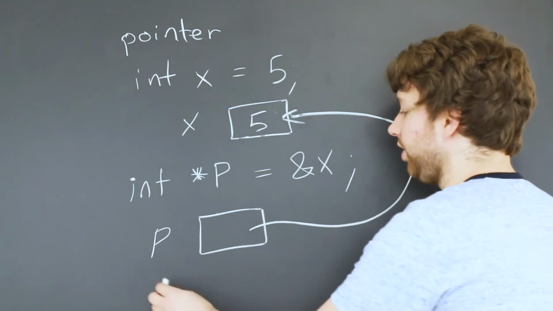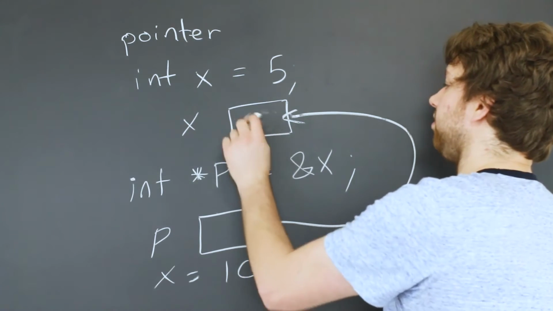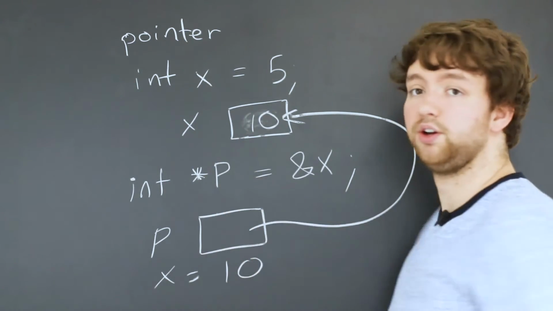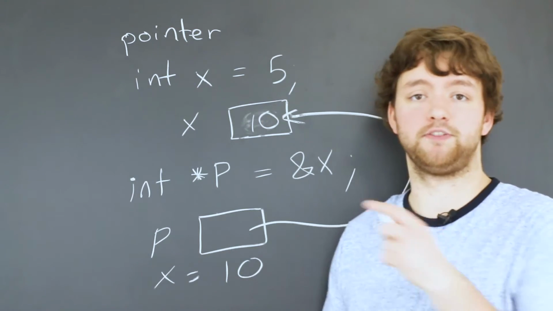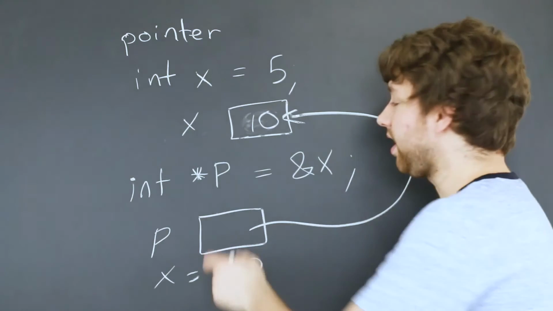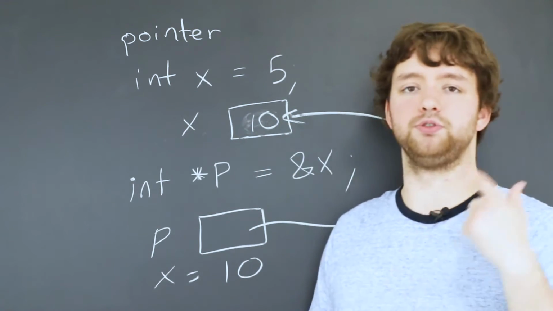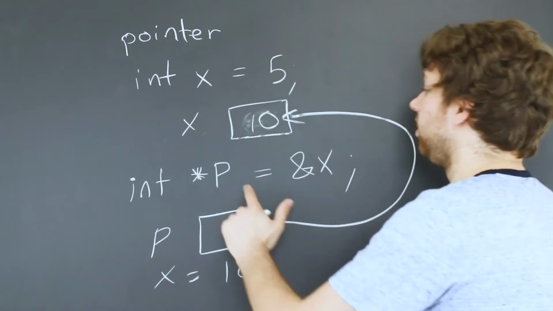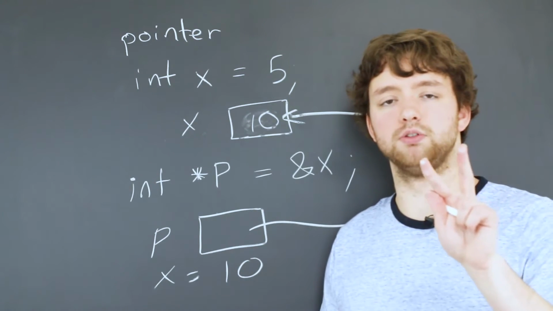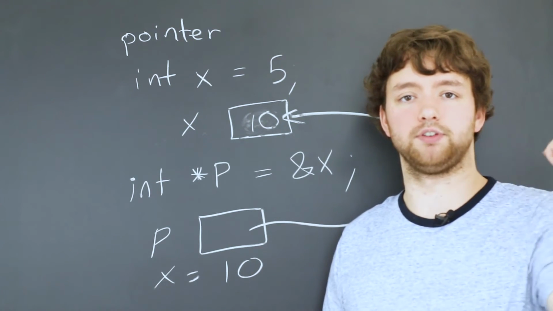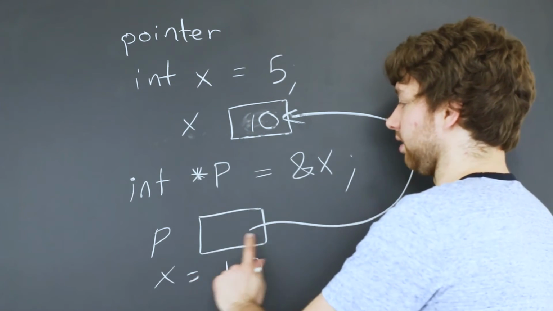So if we change x to 10, well, that means we replaced this value with 10. Thus, the pointer now points to 10. Same thing, we can actually change the value through the pointer. So essentially now we have the original variable containing the value 10, and we made another variable to point to the same data through a pointer pointing to the value 10. So it's kind of like having two variables, and they can both be used to reference the same data. One directly and one indirectly through a pointer.